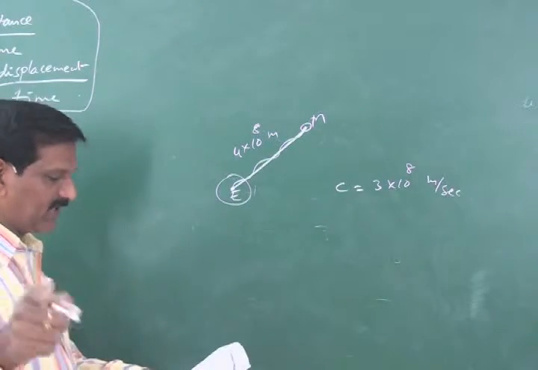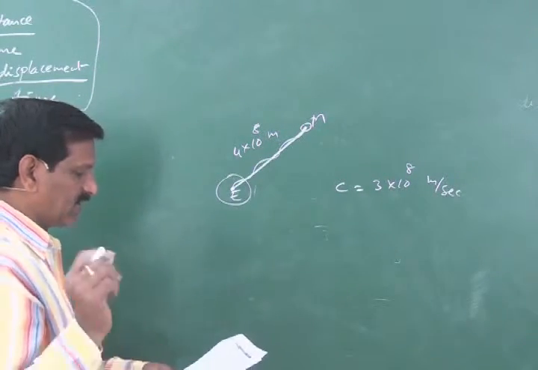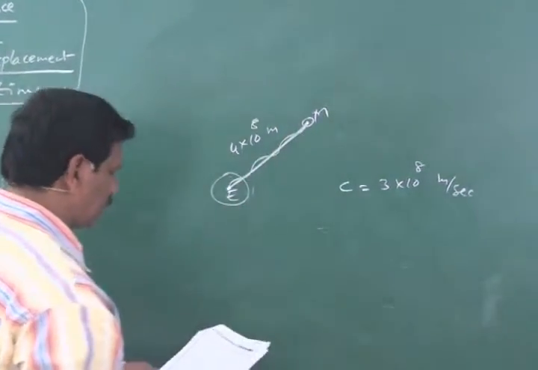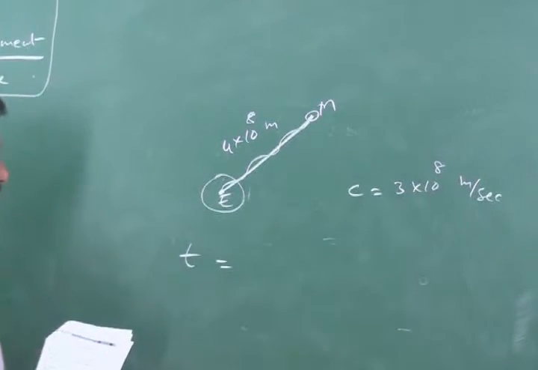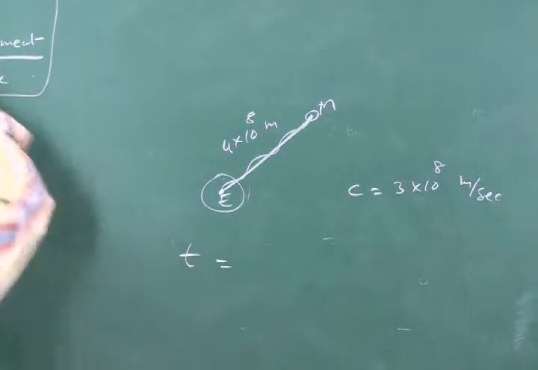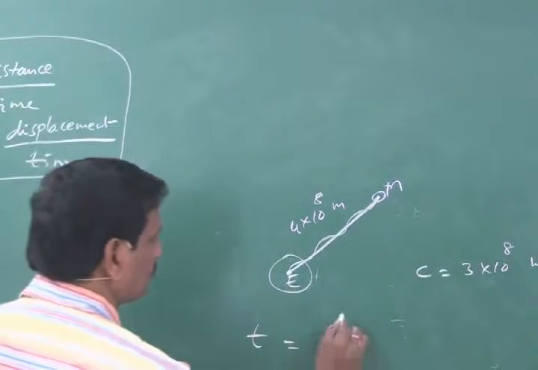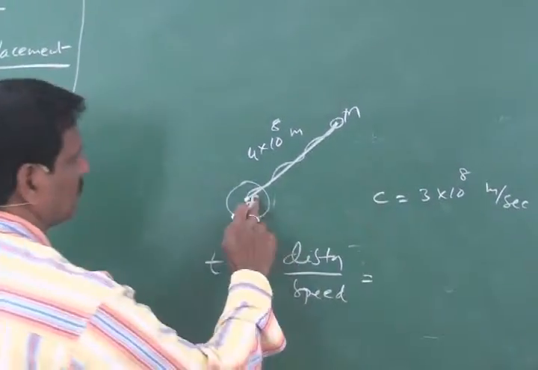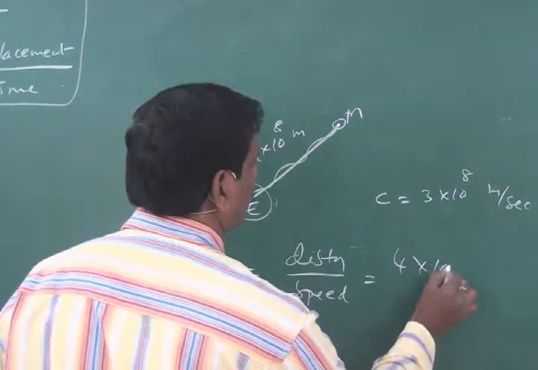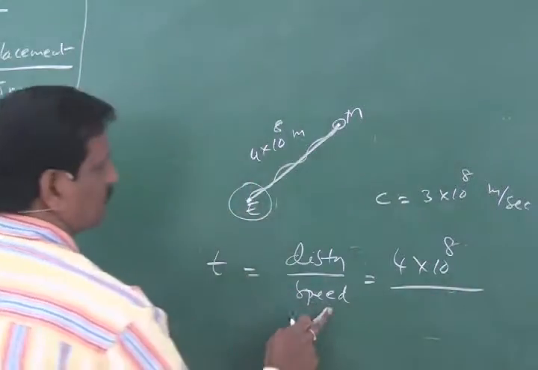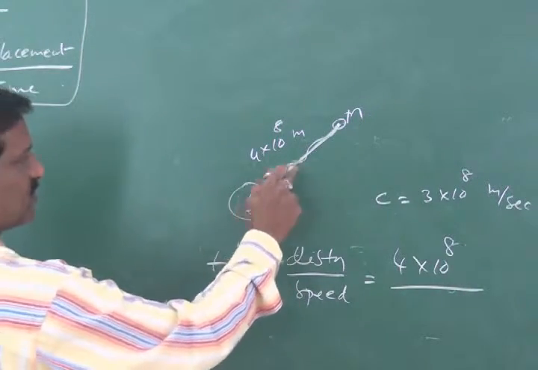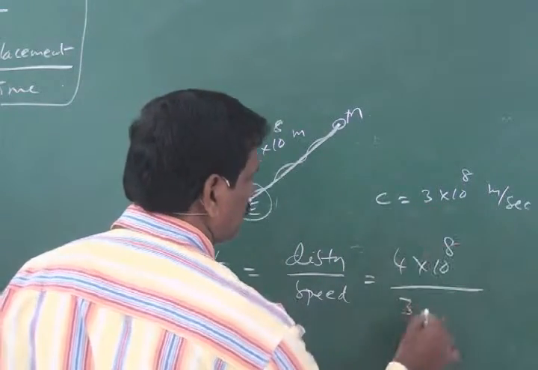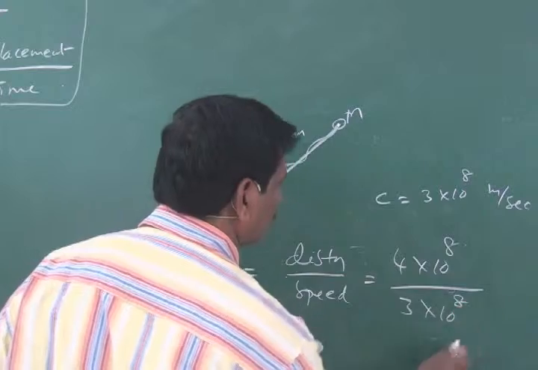We have to find the time taken by the radar signal transmitted from the earth to reach the moon. Time t is equal to distance by speed. Distance is given as 4 into 10 power 8, by the speed of this signal, which is nothing but the speed of light, 3 into 10 power 8.